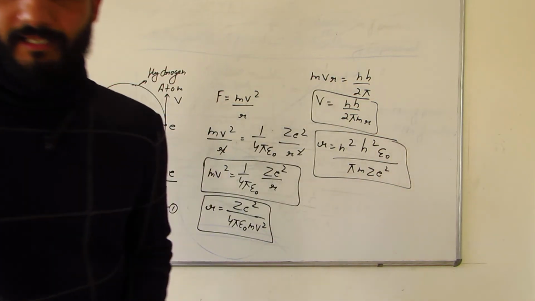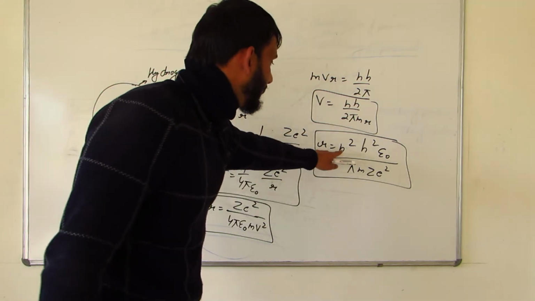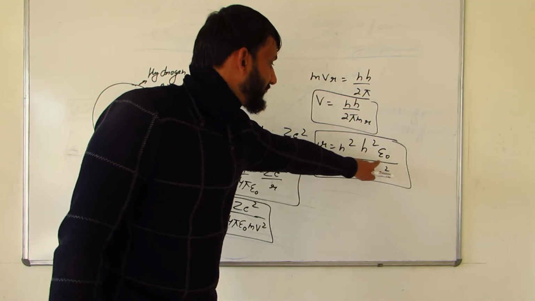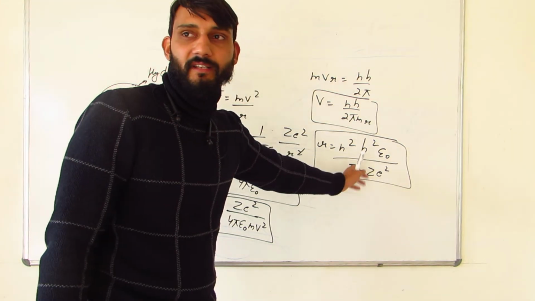Now look here, Z is the atomic number. Since we are talking about the hydrogen atom, it has to be 1. For the ground state, n will be 1. h is a constant, epsilon naught is a constant, pi is a constant, m is a constant, e is a constant. Everything is a constant.